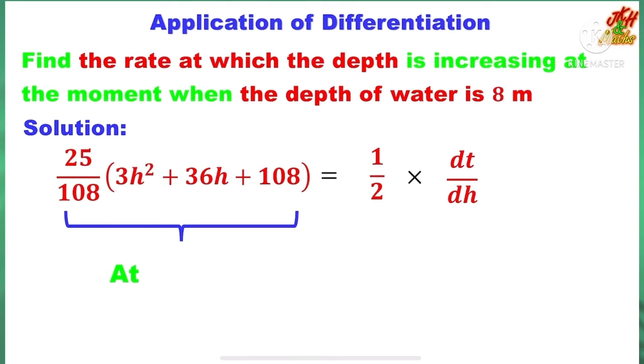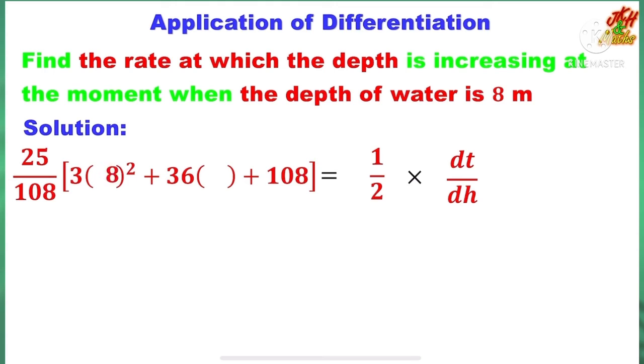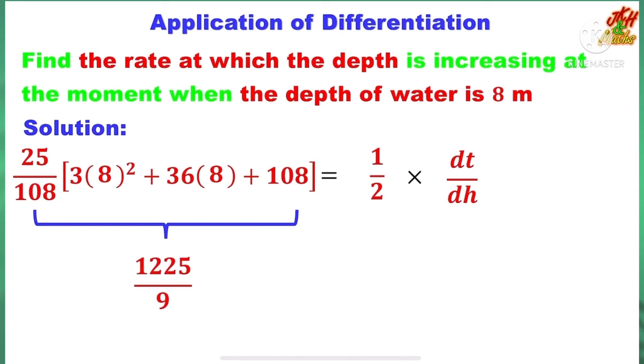So then we need to substitute the value where h is equal to 8 meters, because the question asks us to find the rate at which the depth is increasing at the moment when the depth of water is 8 meters. So by substituting the value of h equal to 8 into the expression, giving us the value equal to 1225π/9.